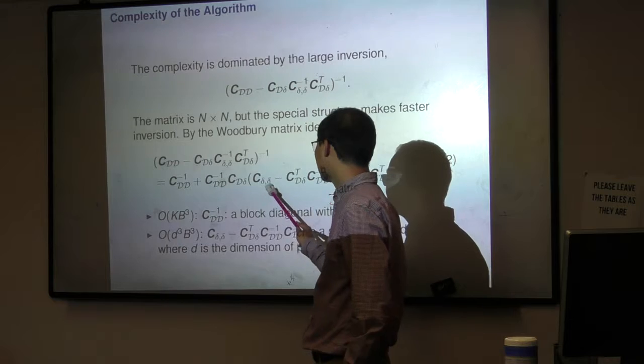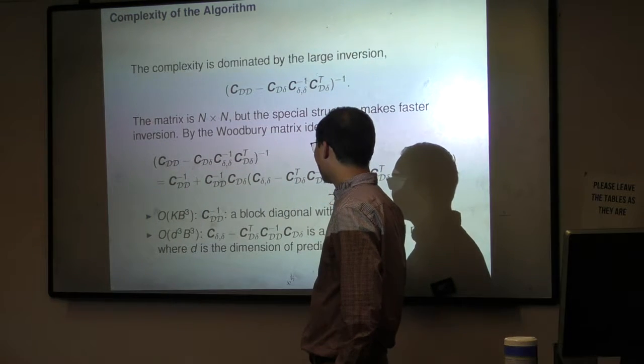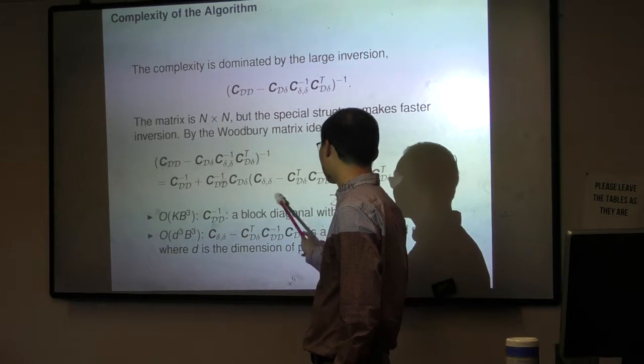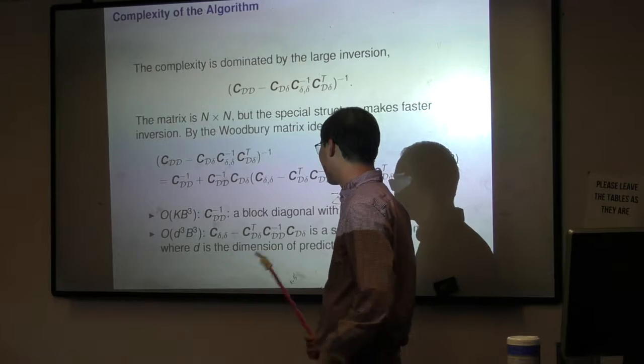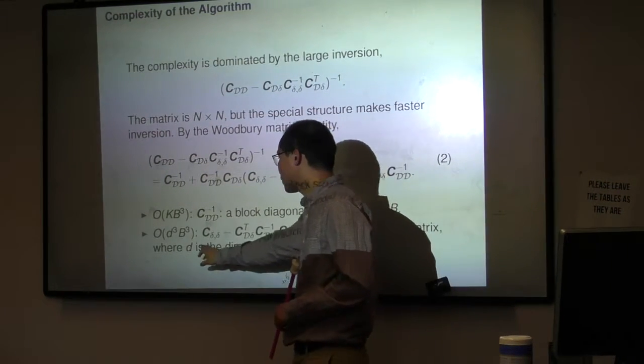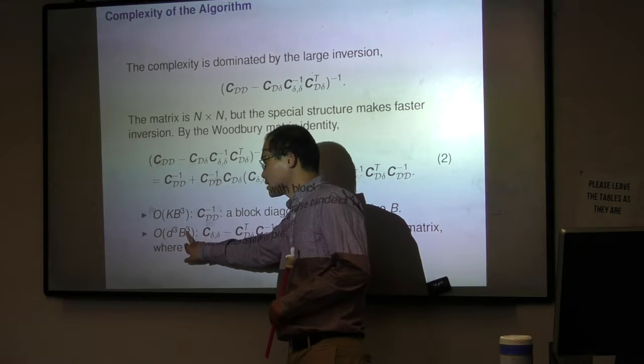The matrix from the pseudo data has size equal to the total number of pseudo data times the number of pseudo data. That is proportional to the dimension and the number of pseudo data per boundary.